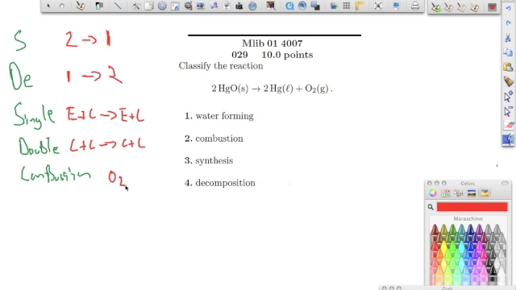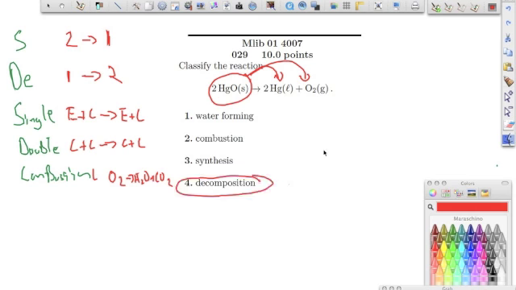So we'll have O2 reacting with some type of carbon, and it produces H2O plus CO2. Okay, so in looking at this one, we see that we have our mercury 2 oxide, and it goes from a single compound to two different elements, which is the classification of a decomposition reaction.